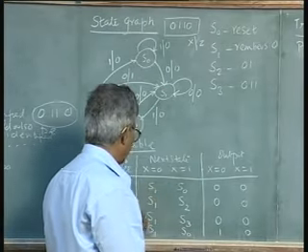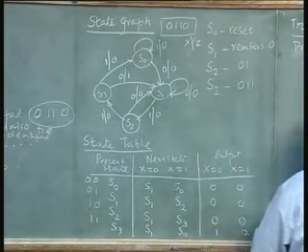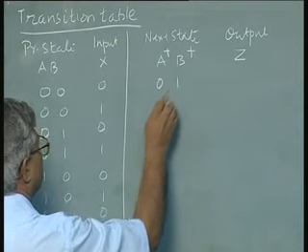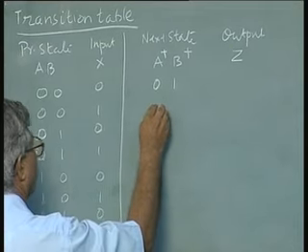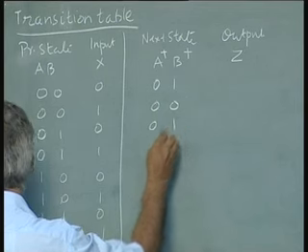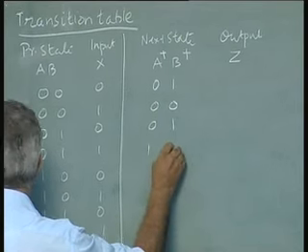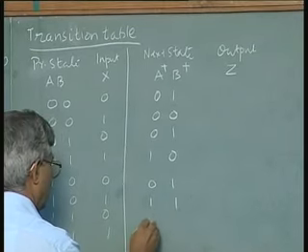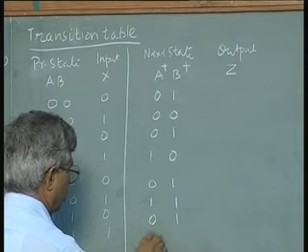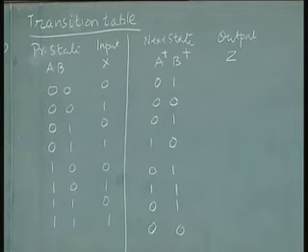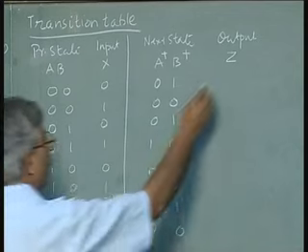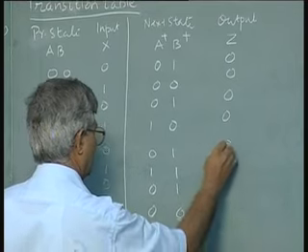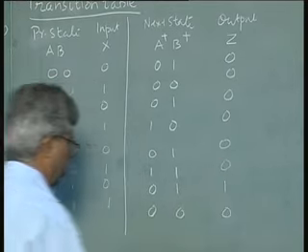The next states are S1, S1 is 0 1, S0 is 0 0, and so on, and the corresponding outputs are 0 0 0 0, 0 0 1 0.